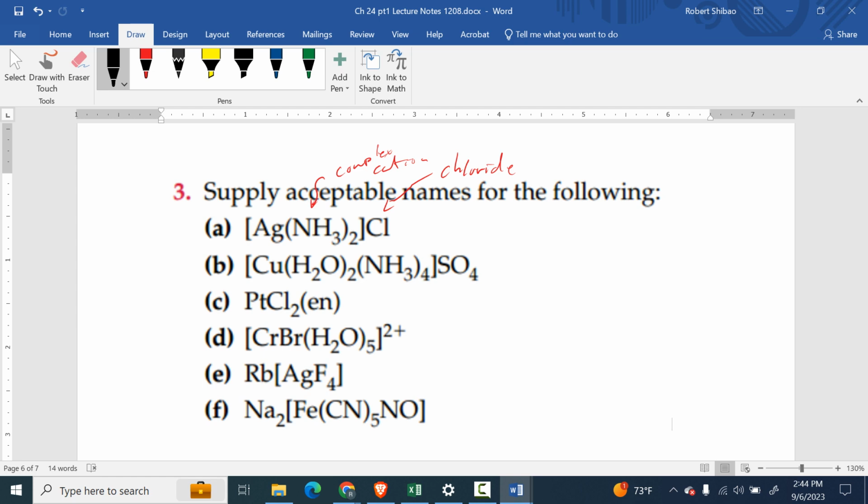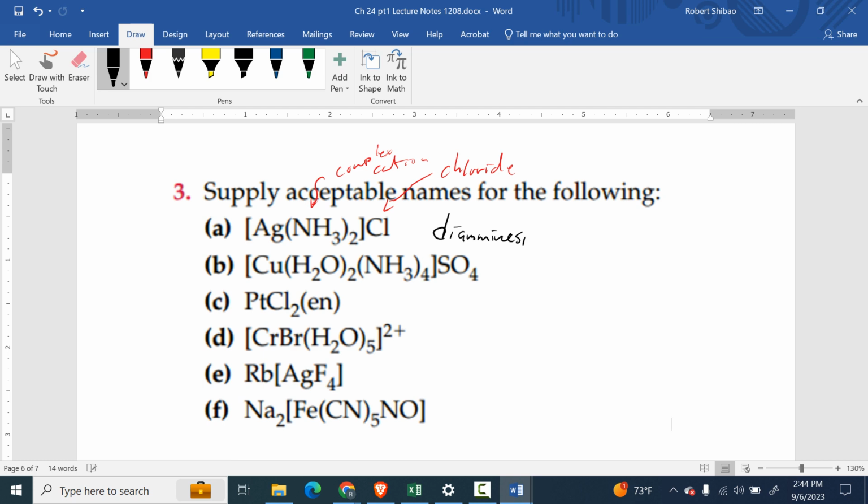Ammonia is not called ammonia, it's called amine with 1 M or 2 M's? With 1 M. Do we use the primary system, di, or the secondary system, bis? The primary system. So this is going to be called diamine with 2 M's. Okay, so now the ligands come first, so it's the opposite of what we see, followed by the metal.